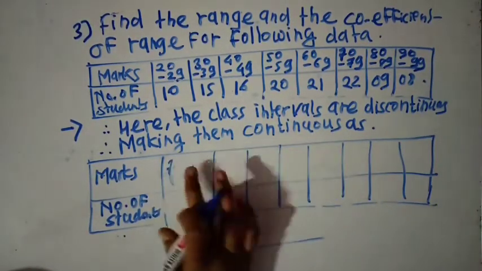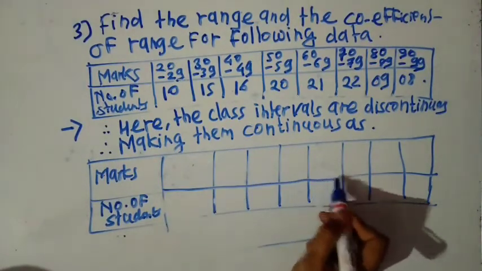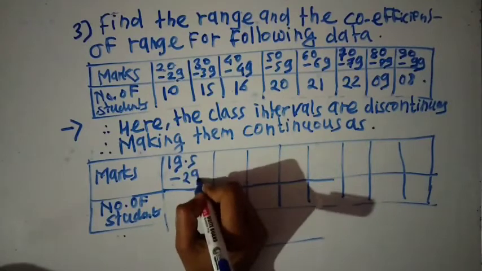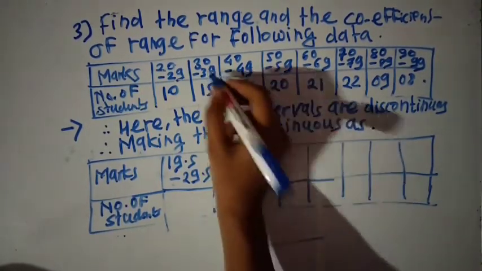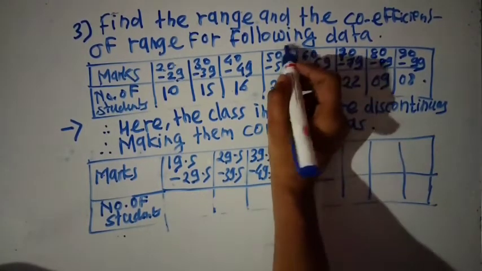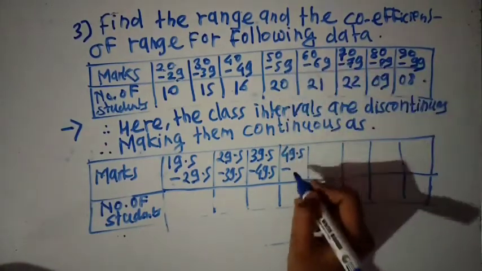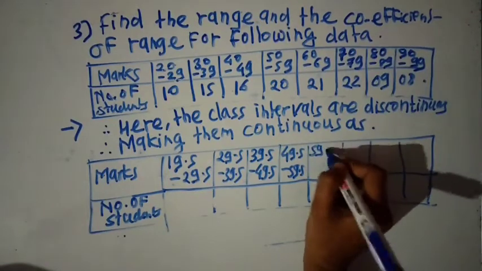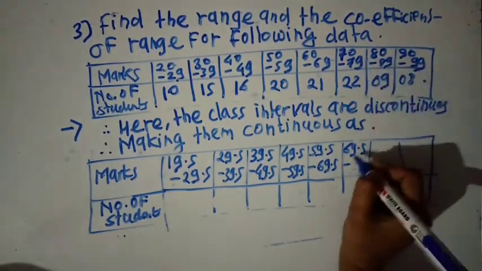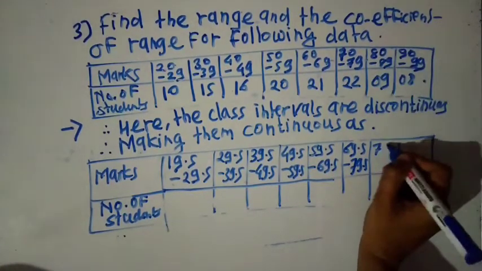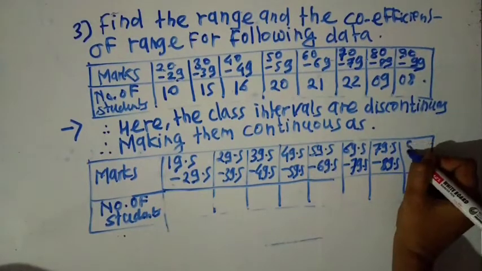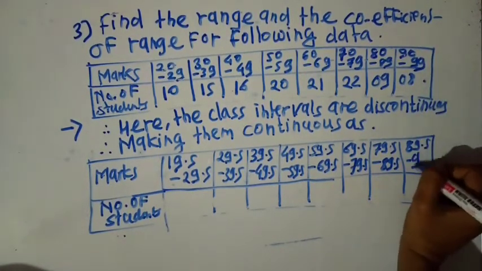So marks are made continuous as 19.5 to 29.5, 29.5 to 39.5, 39.5 to 49.5, 49.5 to 59.5, 59.5 to 69.5, 69.5 to 79.5, 79.5 to 89.5 and 89.5 to 99.5.